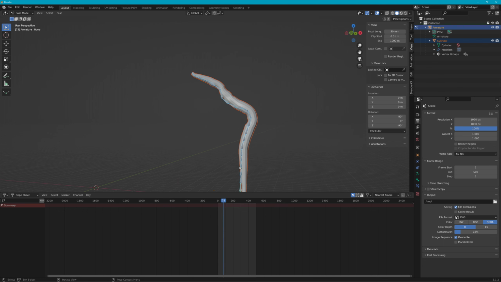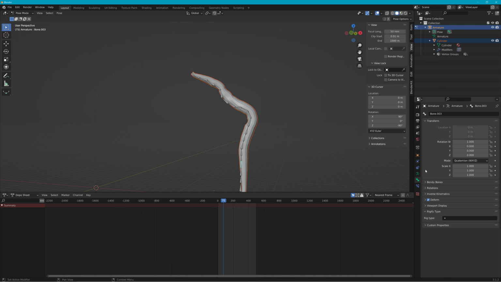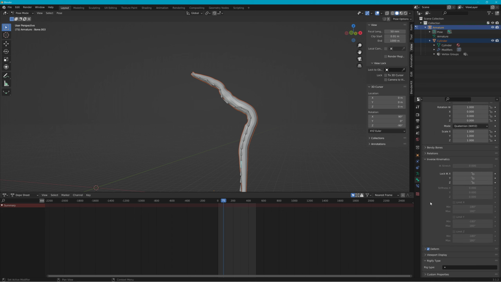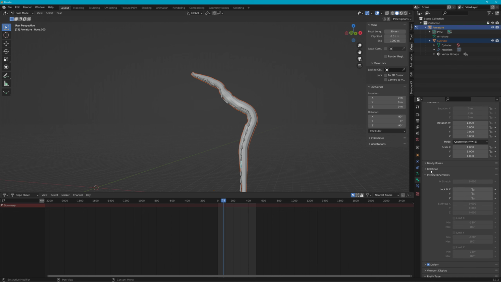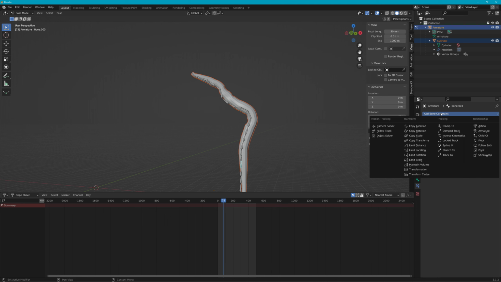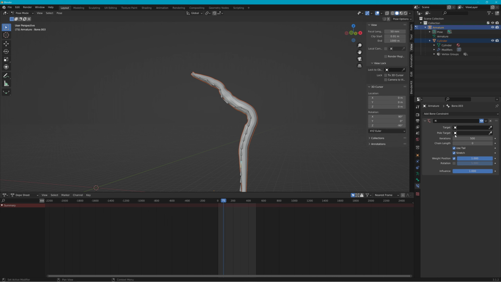I know in the bones, you got to go bones, bendy bones, inverse kinematics. I'm not going to remember. Constraint, inverse kinematics, pick target. Oh, I remember something about it.